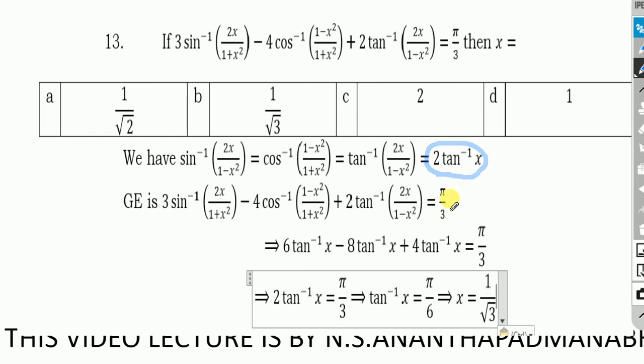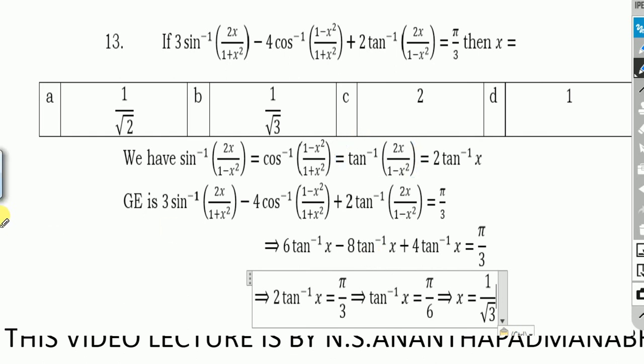These are all the formulas for 2 tan inverse x in terms of sine, cos and tan. So 2 tan inverse x is sine inverse of 2x by 1 plus x square. 2 tan inverse x is cos inverse of 1 minus x square by 1 plus x square. 2 tan inverse x is tan inverse of 2x by 1 minus x square. These are all standard results.